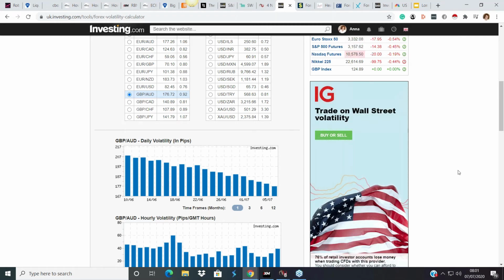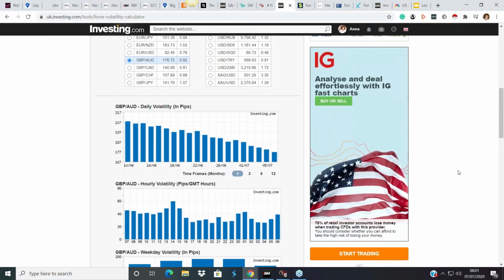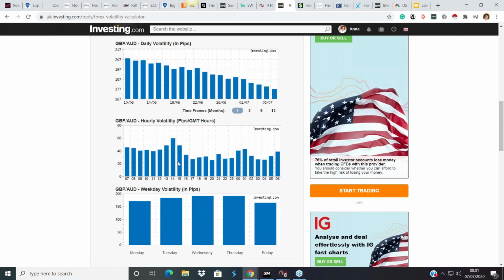Is it going up? Is it going down? Is it fairly static, as it were? Then I also need to see, in terms of the hourly volatility, the times of the day that the pair is likely to be moving the most.